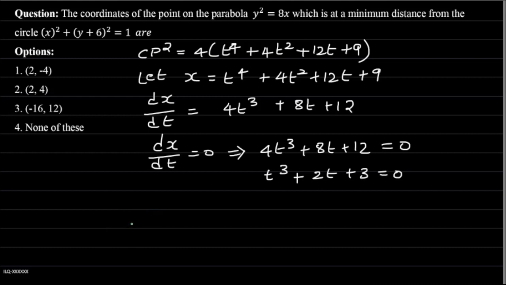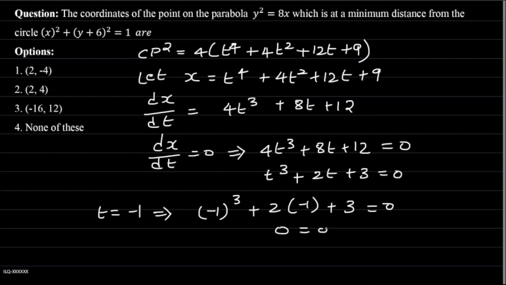Now this is a cubic equation, and we have to find the roots of this cubic equation. So let's assume that t equal to minus 1. You can experiment with 0, 1, 2, minus 1, minus 2, these values. I'm substituting t equal to minus 1 and checking whether it satisfies the equation: (minus 1) cube plus 2 into minus 1 plus 3 equal to 0, which actually satisfies the condition.